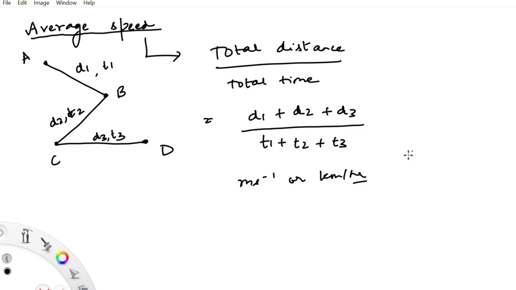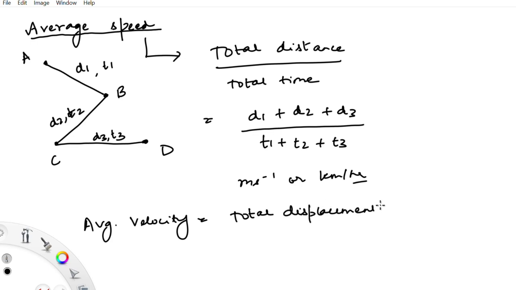Now if we want to find the average velocity, so that will be again total displacement upon total time.